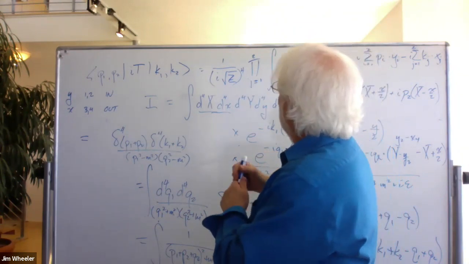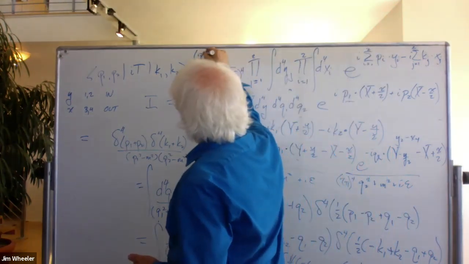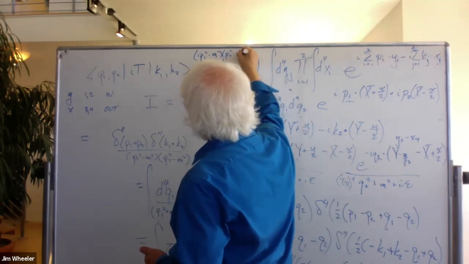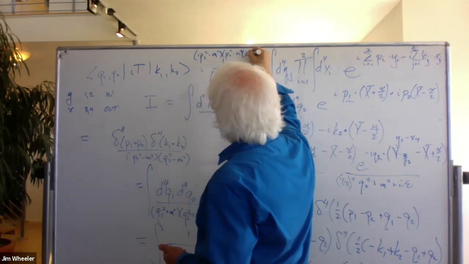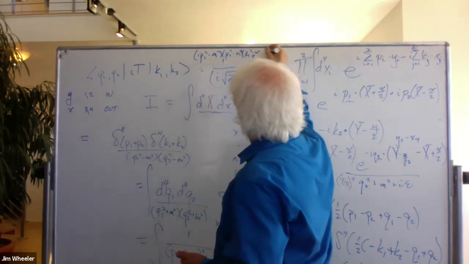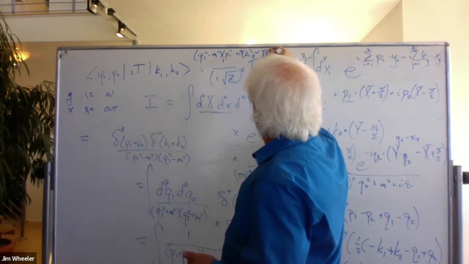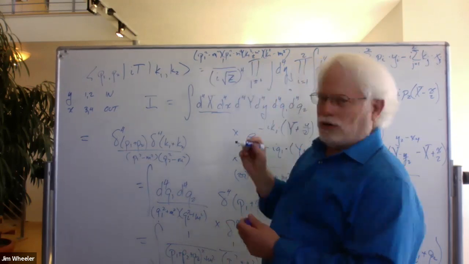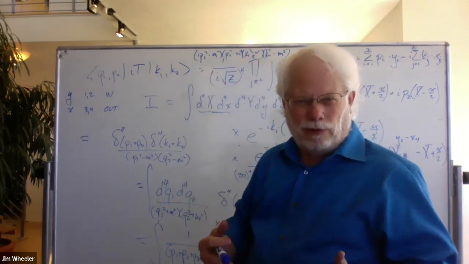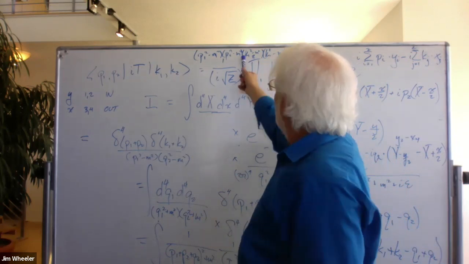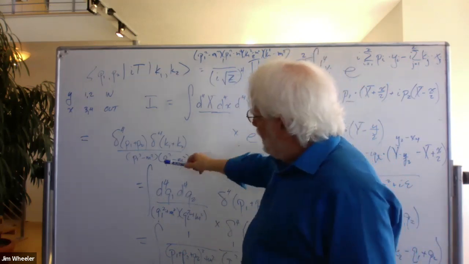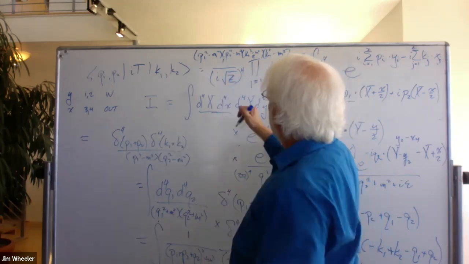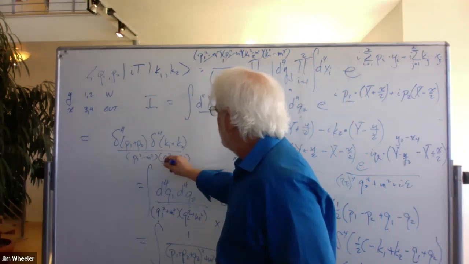In this product, we have P1 squared minus M squared, P2 squared minus M squared, K1 squared minus M squared, and K2 squared. So each incoming and outgoing particle had a wave operator that acted on the free wave. Okay, we end up with two of those factors. Two of those factors actually cancel here and here.